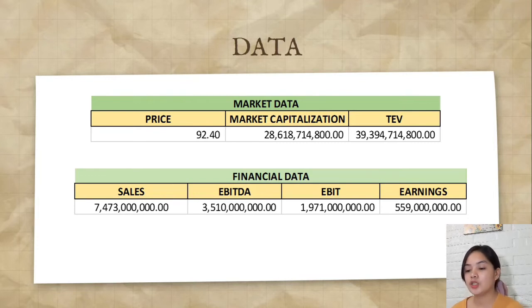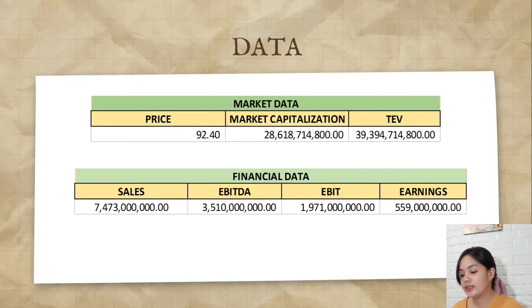Next is our TEV, or total enterprise value, of 39,394,714,800 pesos. This TEV will help investors know the accurate value of the company, and also determine whether it is undervalued or not.